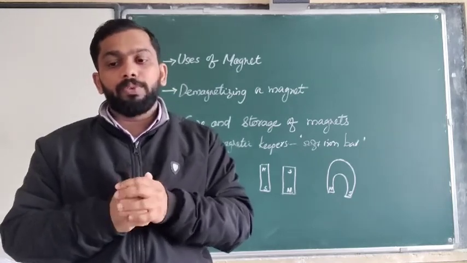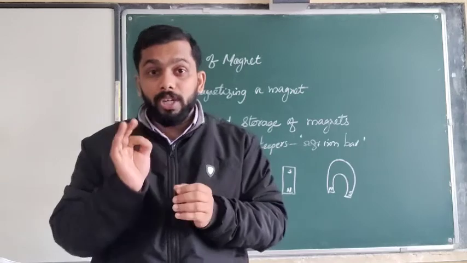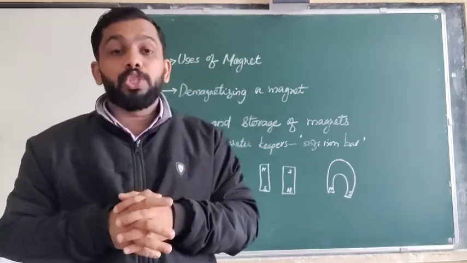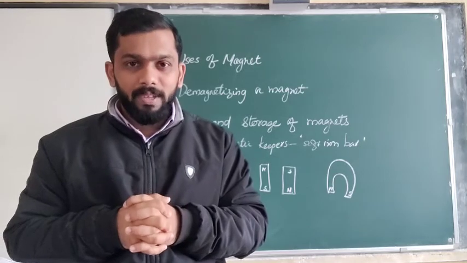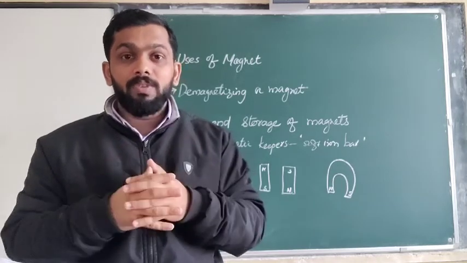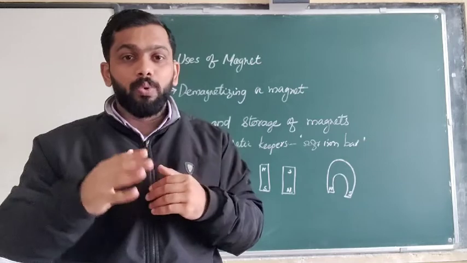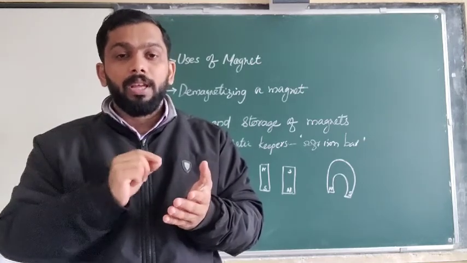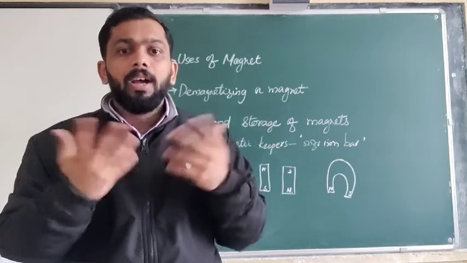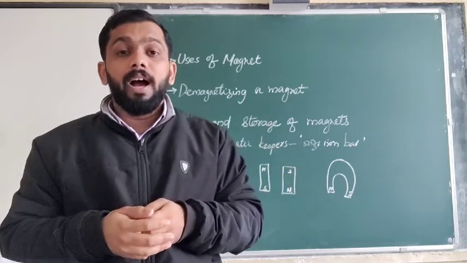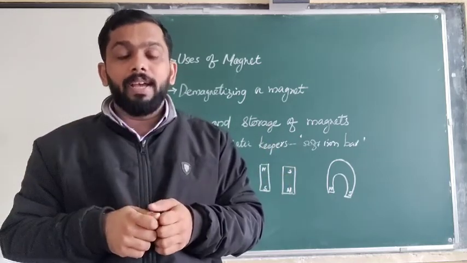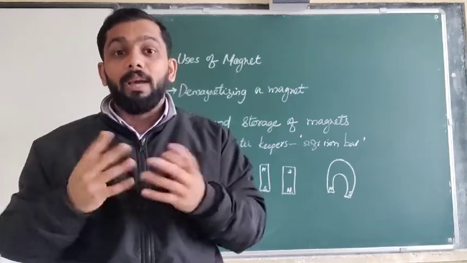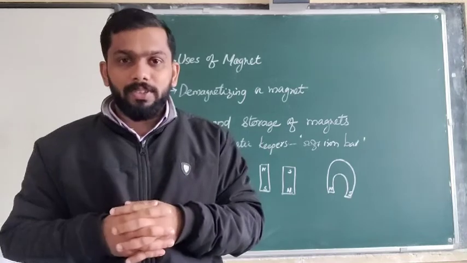Now the fourth one is magnetic strips, which are used in ATM cards and credit cards to store information. Just imagine, nowadays we are not standing in a queue in the bank, giving a check or an application to take money. ATMs are everywhere and swiping machines are everywhere. In all these places we use debit cards, ATM cards or credit cards.